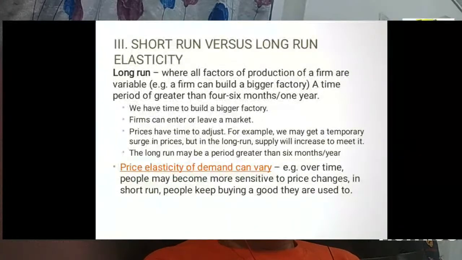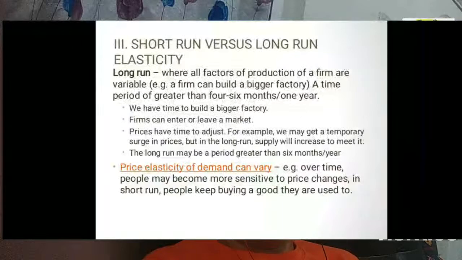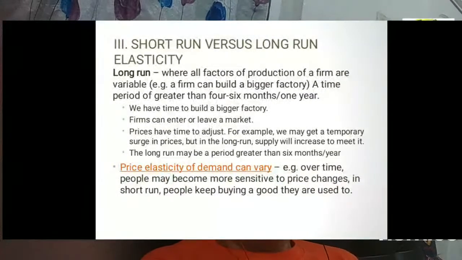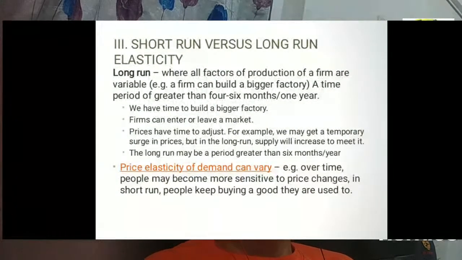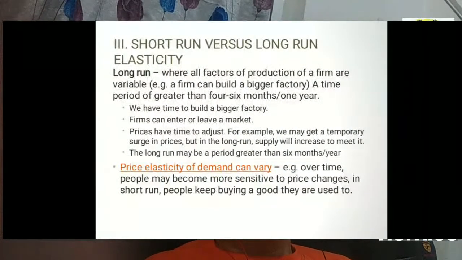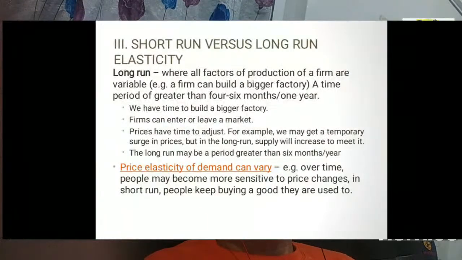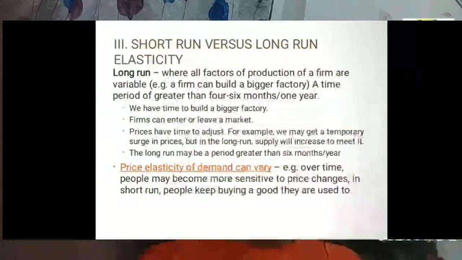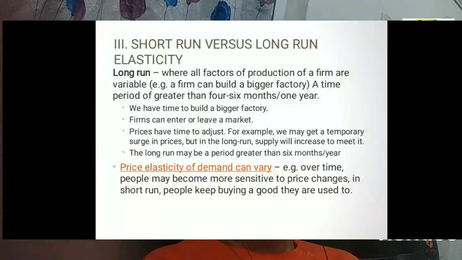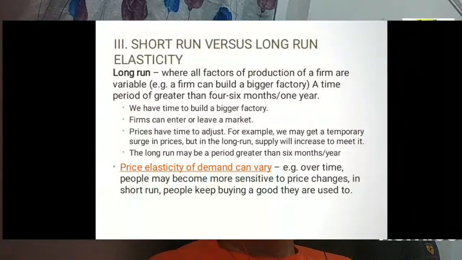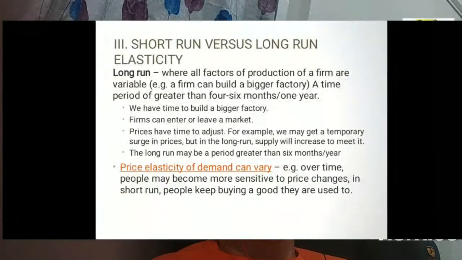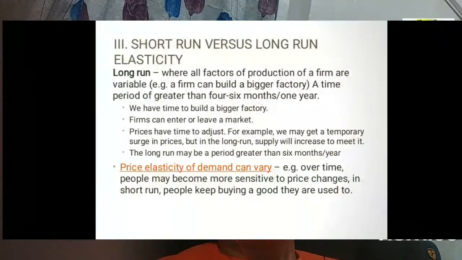Now, in terms of the long run elasticity, we have time to build bigger factory. Then yung firms, they can enter or leave the market. Next is the prices have time to adjust. Halimbawa, we may get a temporary surge in prices, but in the long run, the supply will increase to meet it. So the long run may be a period greater than 6 months to 1 year.